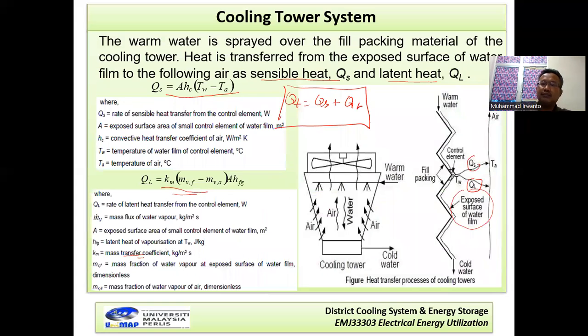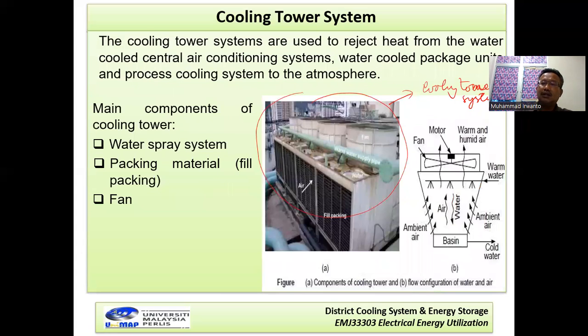Let's say this is the cooling tower system. The warm water has a temperature of 40 degrees Celsius and then goes down. The cool water is collected in the basin and then flows through this return pipe with a temperature of 30 degrees Celsius.